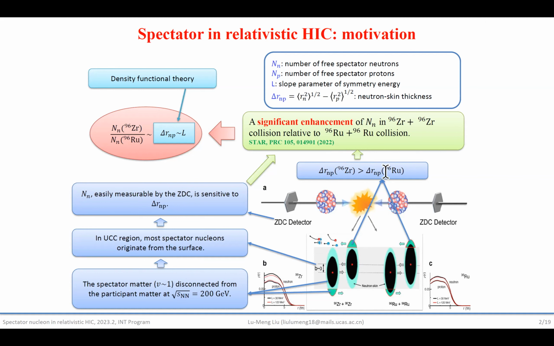So this gives us a hint that the yield ratio of free spectator neutrons produced in zirconium collisions to ruthenium collisions may be related to the neutron skin, and the neutron skin is related to the slope parameter L of symmetry energy by the density functional theory. This provides a way to probe the neutron skin.